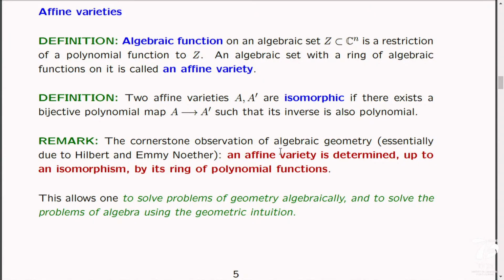Okay, so the first step in algebraic geometry is the study of affine varieties, which I have defined as an algebraic set with a ring of algebraic functions on it.